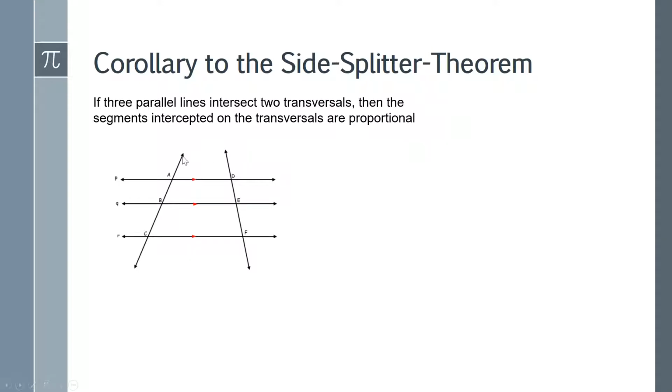So here's our picture. We've got three parallel lines. So basically what it's saying is that these sections right here are proportional to each other. So we've got P is parallel to Q, which is also parallel to R, and so AB over BC is the same proportion as DE over EF.